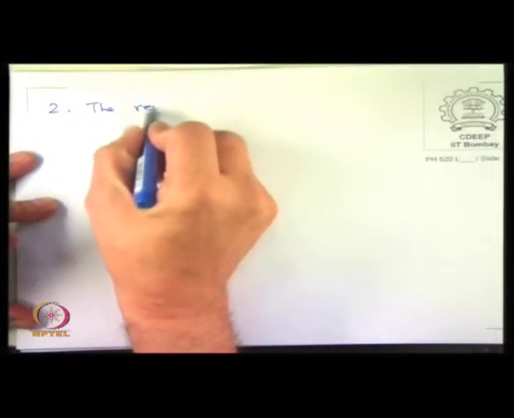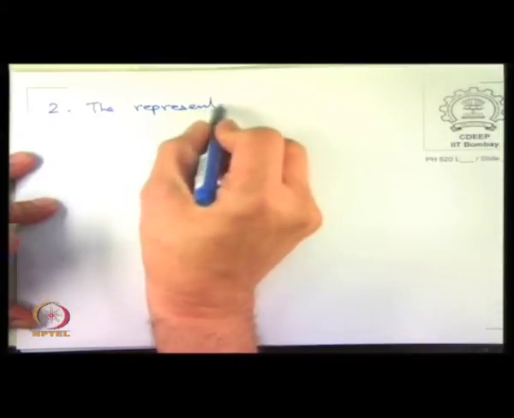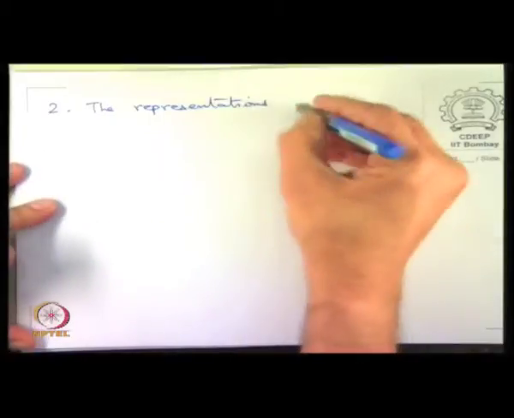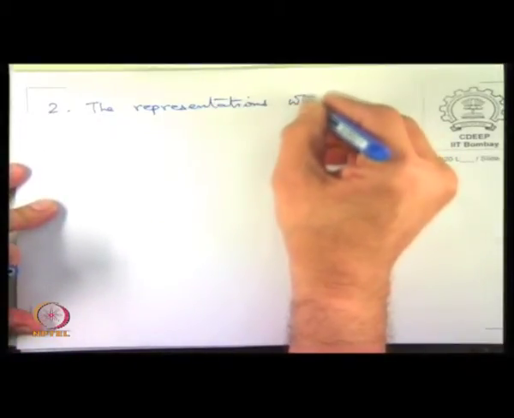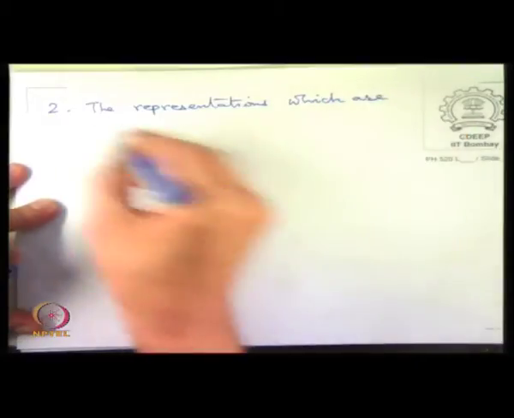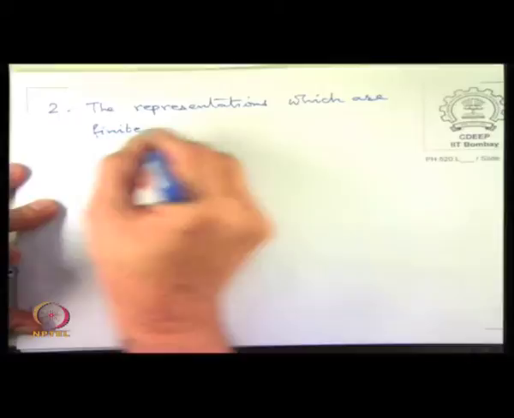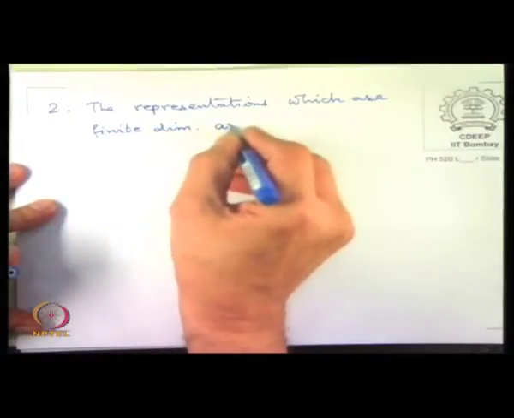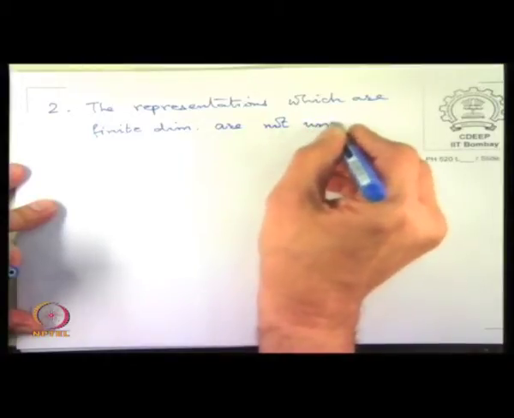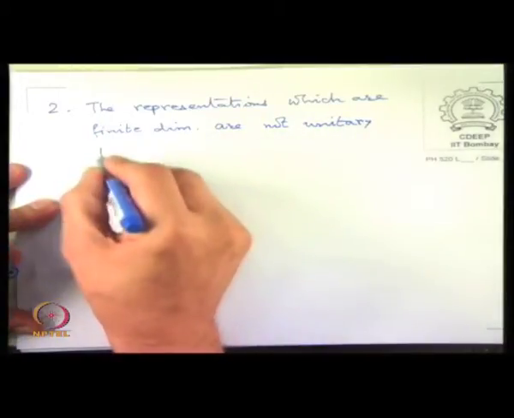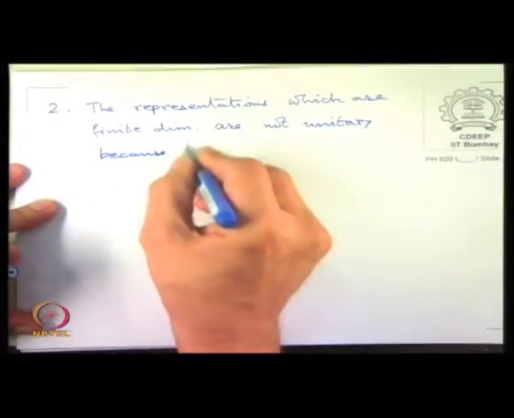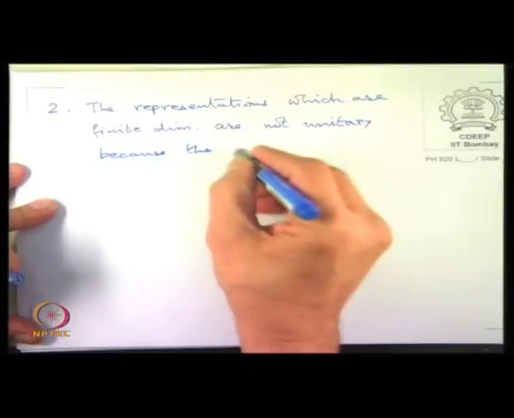The second property is also interesting, is that we only get the representations which are finite dimensional, and they are not unitary, because the group is pseudo SU2 cross SU2.